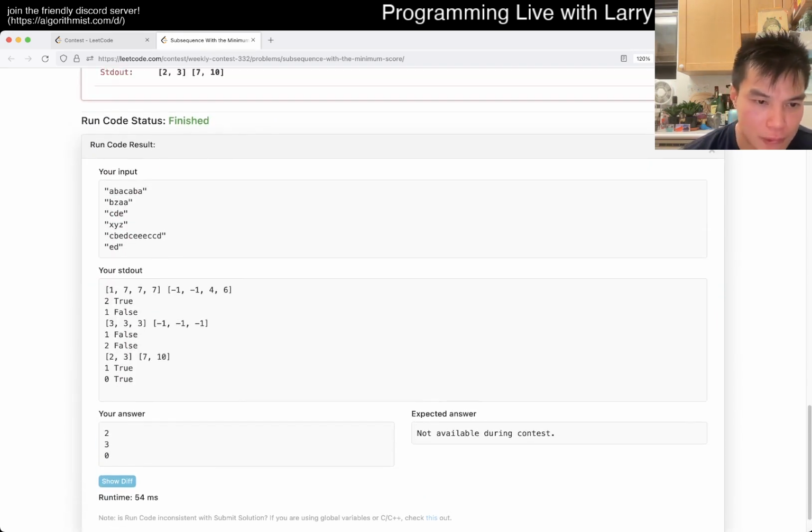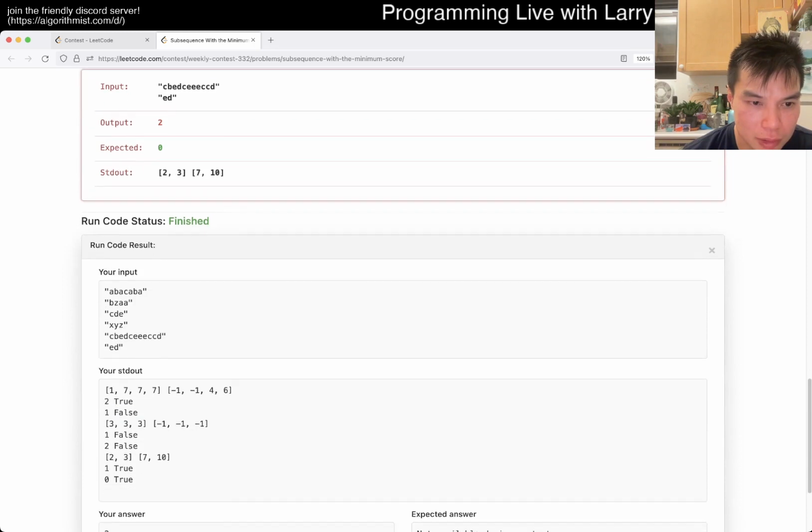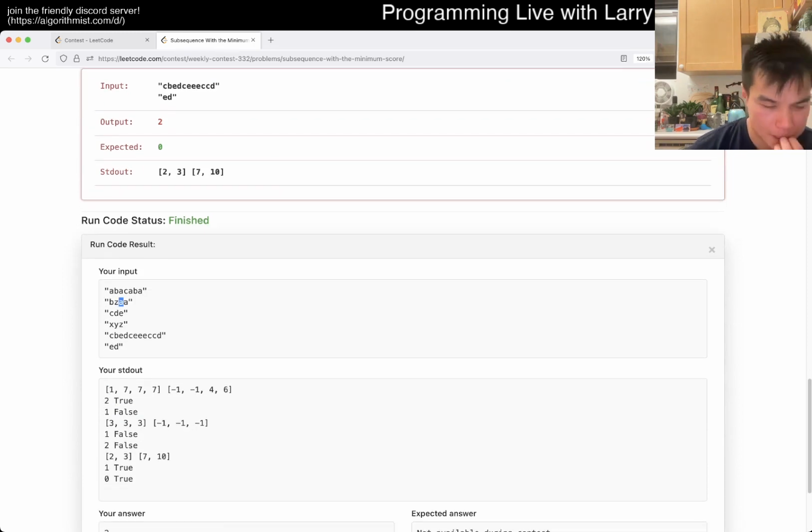Wait. So this may be wrong. Why? Because 2 is true. Because 0 and 2, that's good, right? But 1 is false. Why is 1 false? 1 is going from 1 to... I think my indexes are wrong.